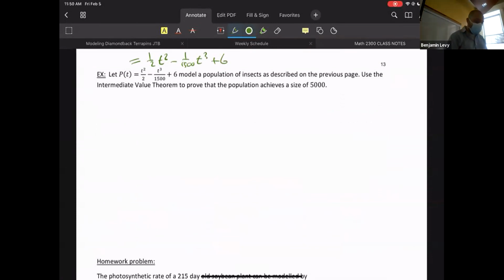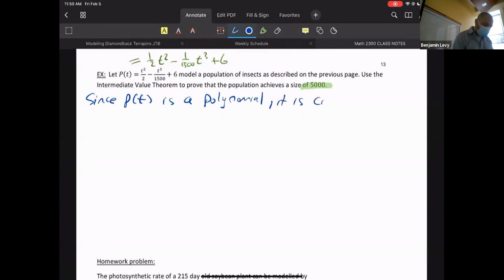If we want to know whether this polynomial hits 5,000, we just have to find a point less than 5,000 and a point bigger than 5,000 and quote the theorem. That's the entire thing. So we start out by saying it's continuous. So since P of t is a polynomial, it is continuous everywhere.